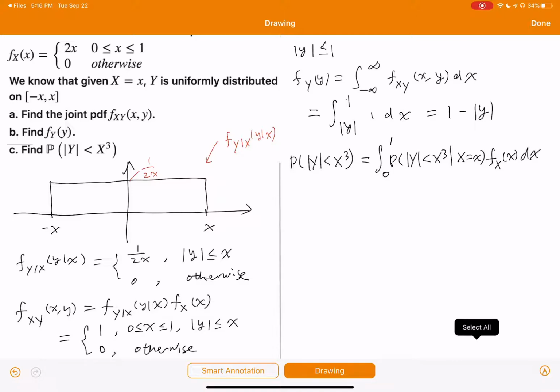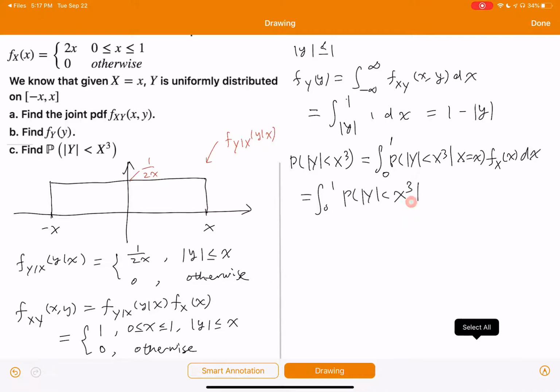Let's further write this down. Because we are conditional on x equals x, x is no longer random. If you look at the original probability, the x here is random. Now we are conditional on x equals x, so y is less than x cubed. Note that we use lowercase x, so x now is a number, not a random variable anymore.